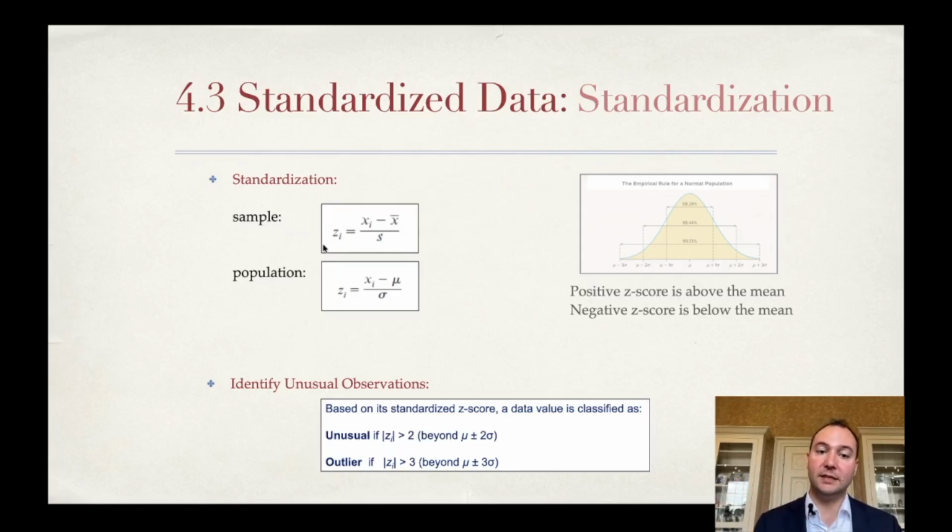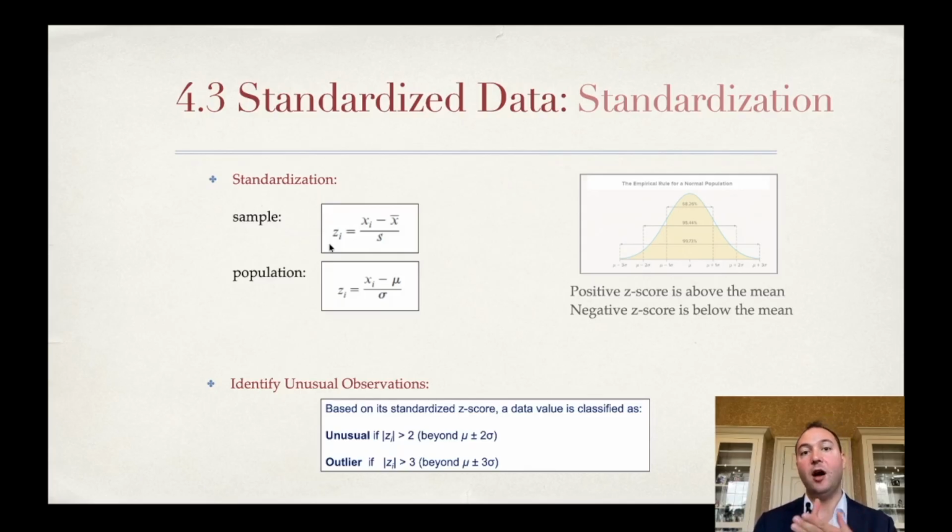What does this z-score tell us, and why is it useful? The z-score tells us how close that individual observation is to the average of our data, to the sample mean. If it's above the sample mean, this z-score will be a positive number. If it's below the sample mean, our z-score will be a negative number. And we can know one more thing about it, which is how many standard deviations our observation is from the average.